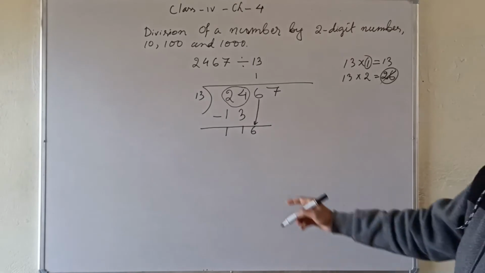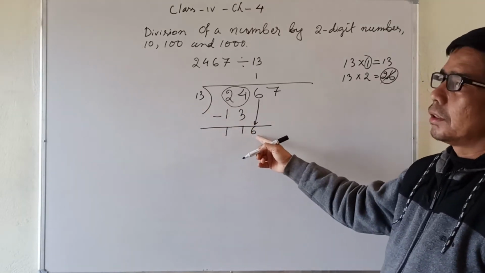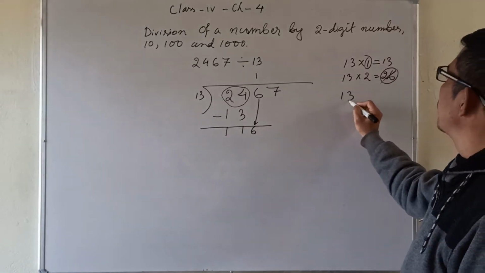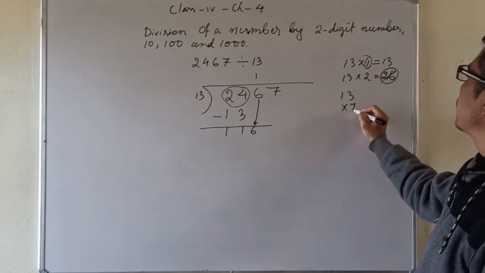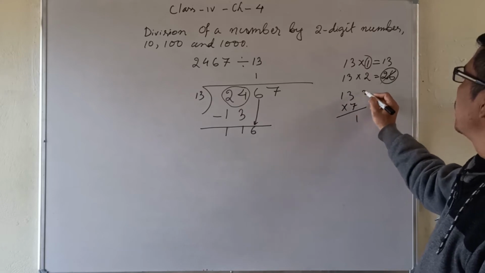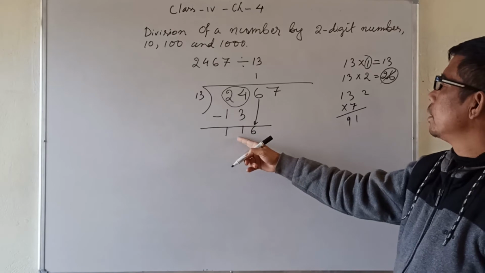Again in the multiple table of 13, we will find 116 or nearest to this. We can multiply by different numbers here. 7 3s are 21. 7 1s are 7, 8, 9. 91 is smaller than 116.